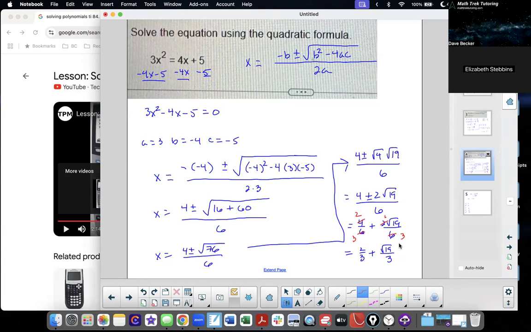Okay. I just didn't write the 1 in front of the square root of 19. Okay.